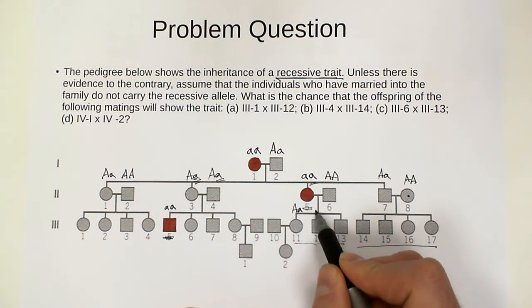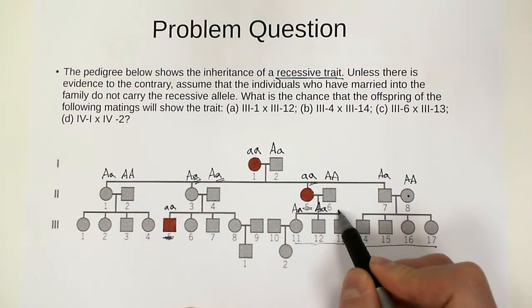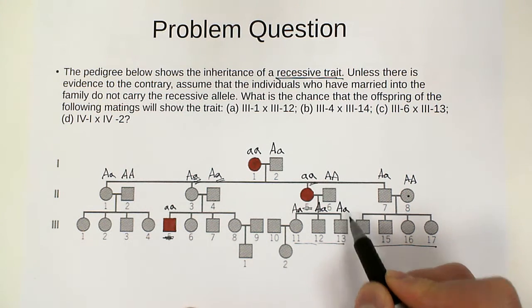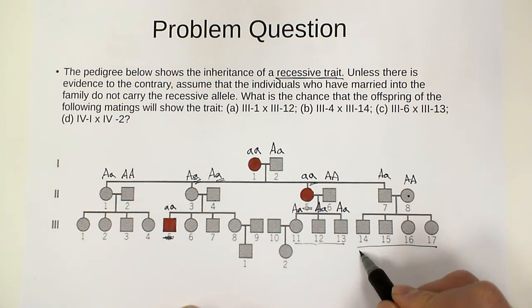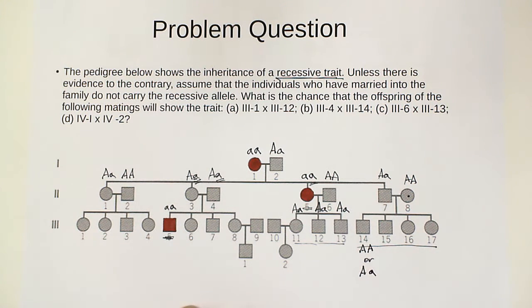So all of these individuals here absolutely have to be heterozygous. There's no other way for them to have these phenotypes with these parents. The other ones, though, we really can't be too certain about. They could either be big A, big A, or big A, little a.